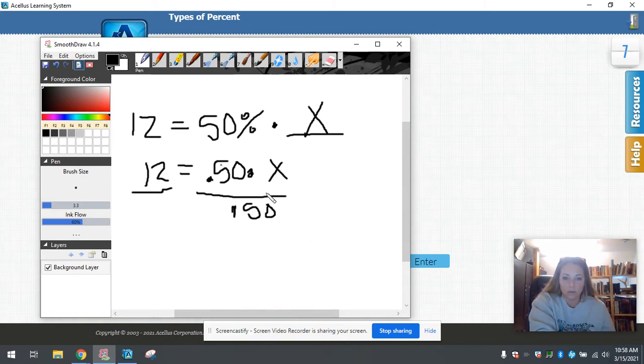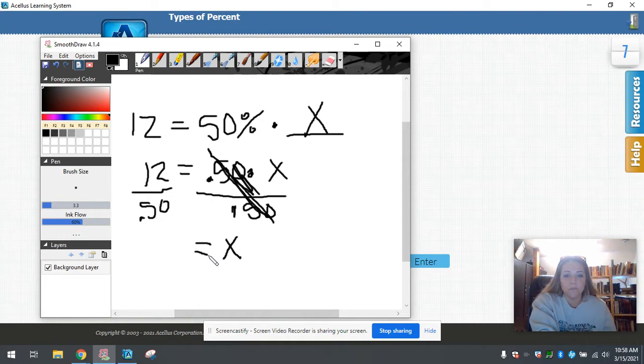What I do to one side, dividing by 0.50, I have to do to the other because equals, they have to balance. If I divide the 0.50 by 0.50, I would get 1 times x, which is x. Another way to think about it is, they've canceled out. Now I'm left with my variable, hooray.